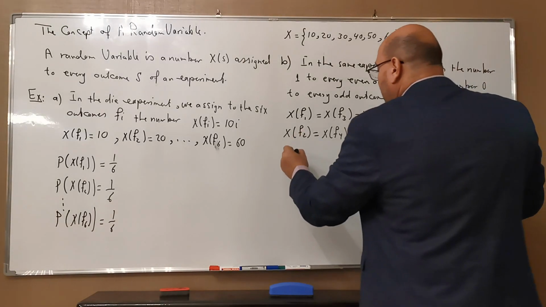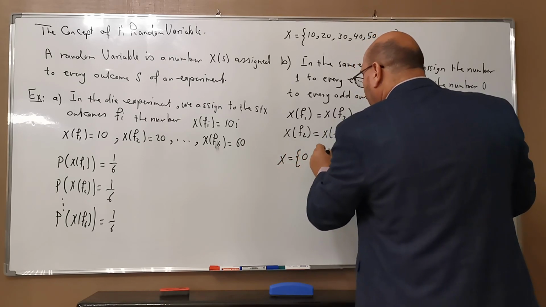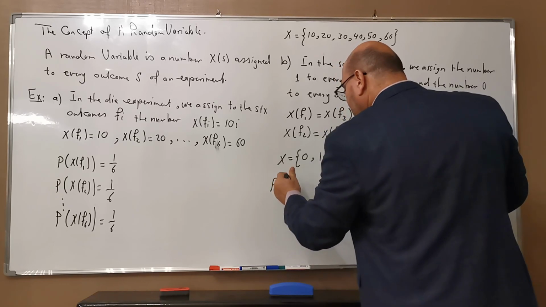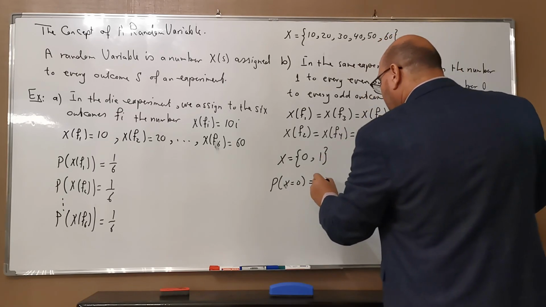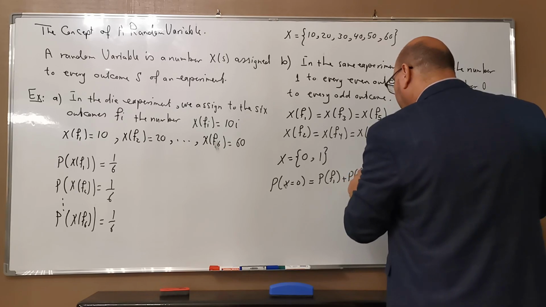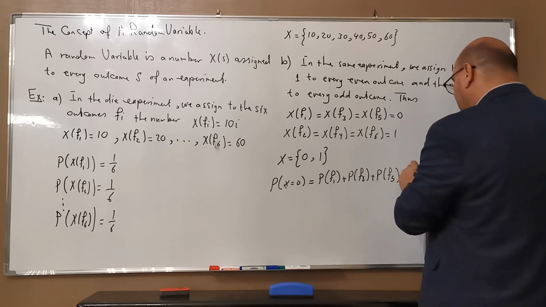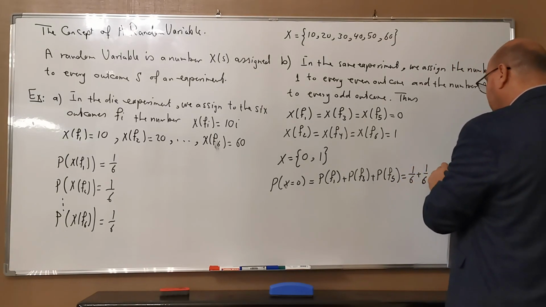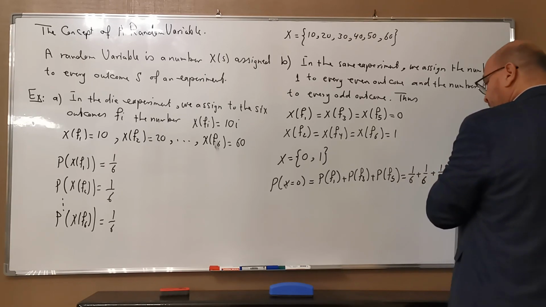Now, here you have X equals 0 and 1, and the probability of X equals 0 is equal to the probability of F1 plus the probability of F3 plus the probability of F5. This equals 1/6 plus 1/6 plus 1/6, and this is equal to 3/6, which is equal to 1/2.